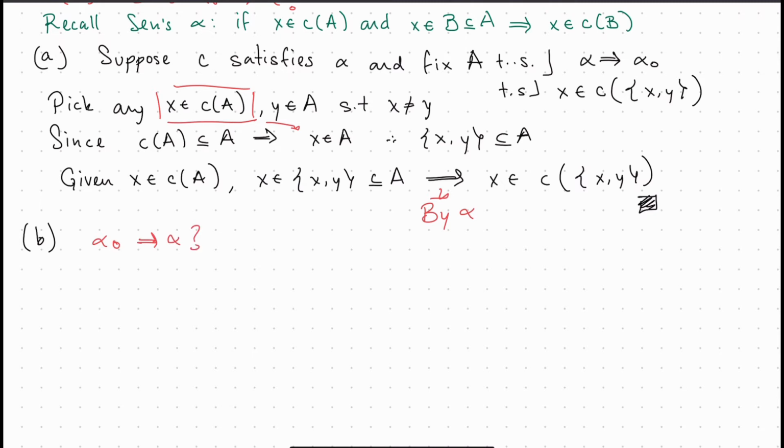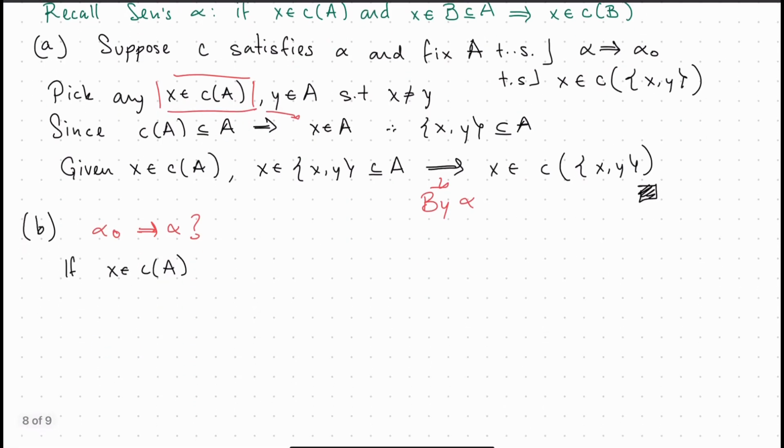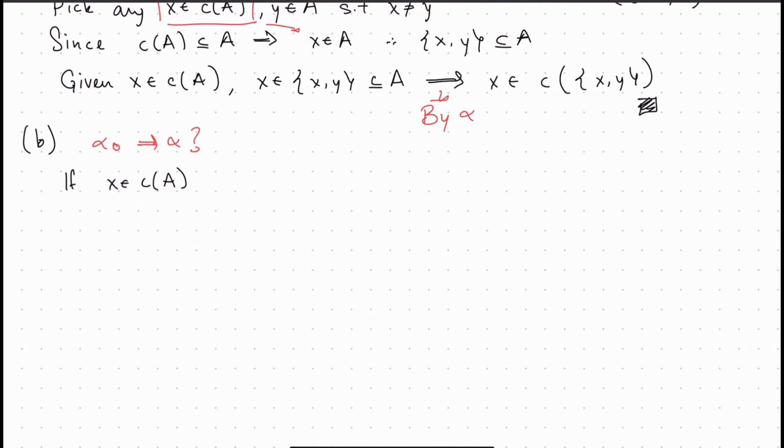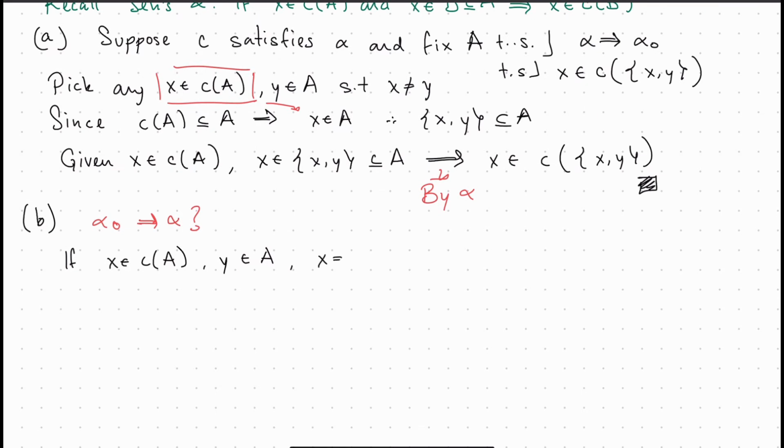Well, if x is a member of CA, let's recall alpha: y is a member of A, x is different to y, then x is in the choice correspondence over the set xy. And we want to show that alpha 0 implies alpha.